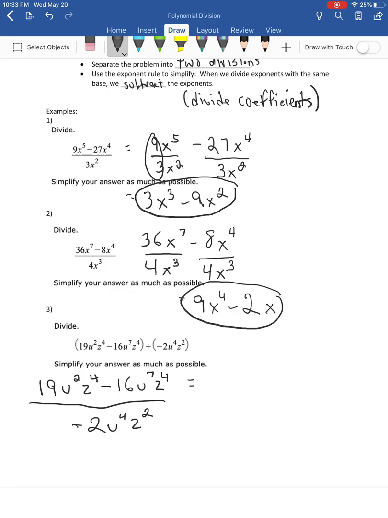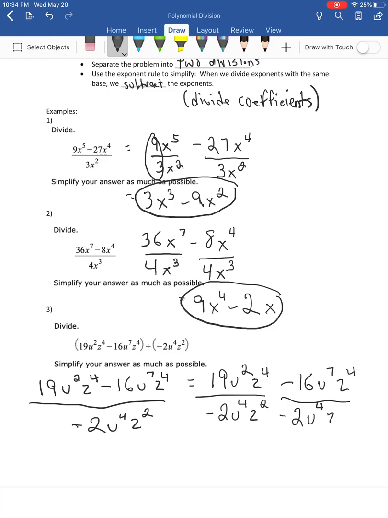Okay, now we'll separate out into two divisions. So we got 19 u squared z to the 4th over negative 2 u to the 4th z squared minus 16 u to the 7th z to the 4th over negative 2 u to the 4th z squared.